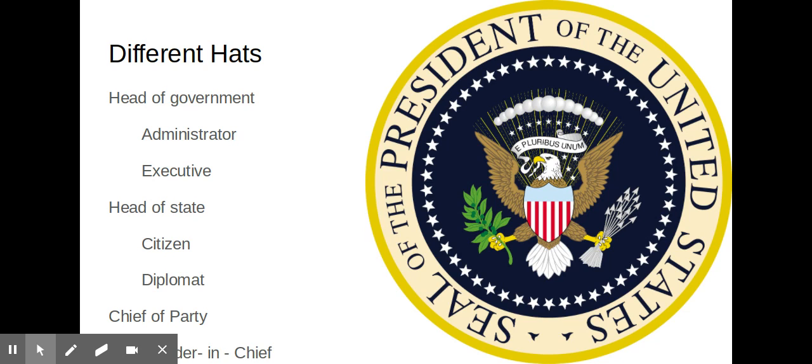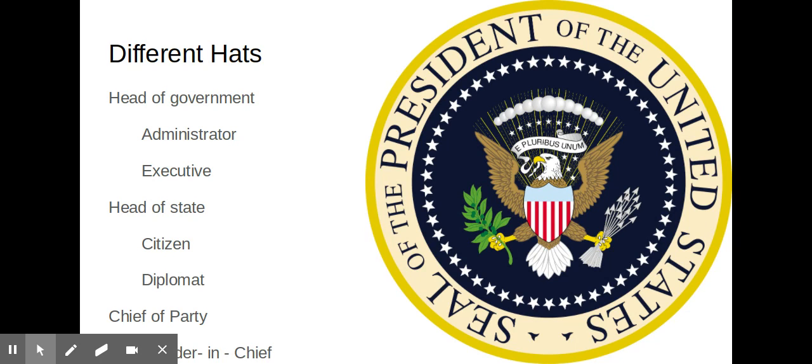Head of government. And his role as head of government, which is similar to the prime minister of the United Kingdom, for instance, or the chancellor of Germany, as head of government, they are basically the chief administrator. They are in charge of government operations because they're in charge of all those hundreds of thousands or 1 to 2 million federal employees carrying out the daily functions of the United States federal government.